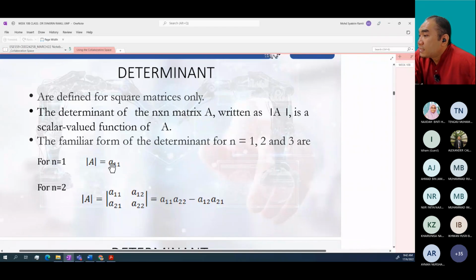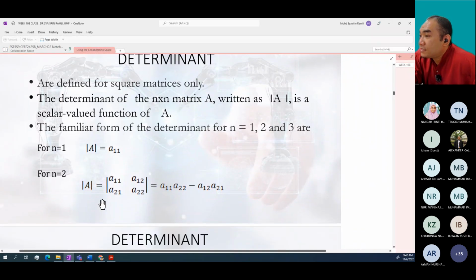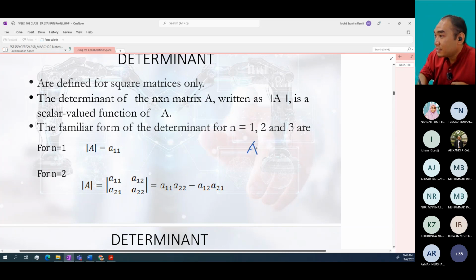Right. Suppose that we have the matrix A is a 2 by 2 matrix. Kan, katakan kita ada matrix A is a 2 by 2 matrix. So again, sometimes students are always confused between matrix dan juga determinant. So a matrix A is defined by a square bracket.